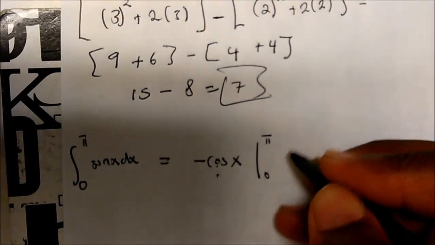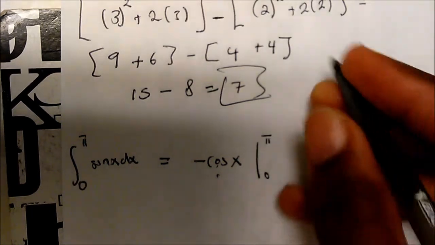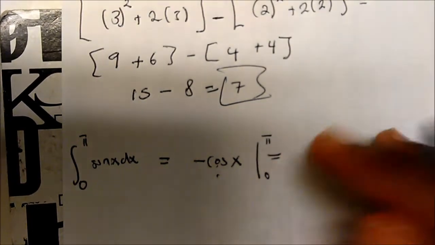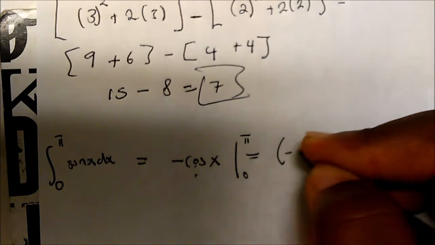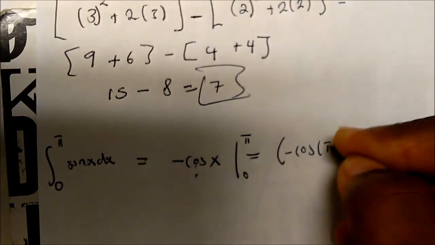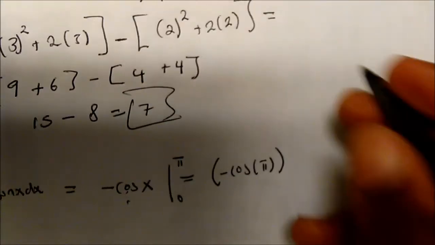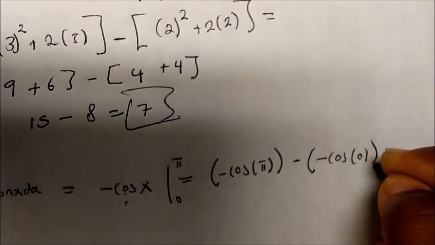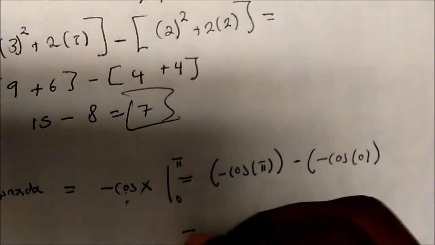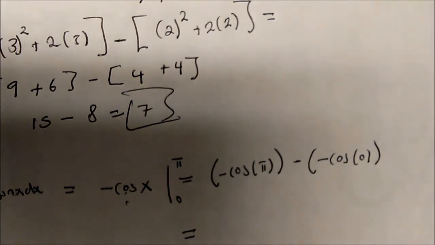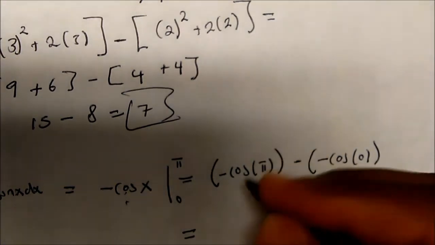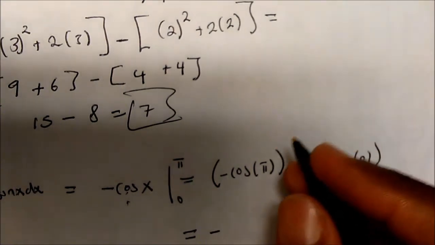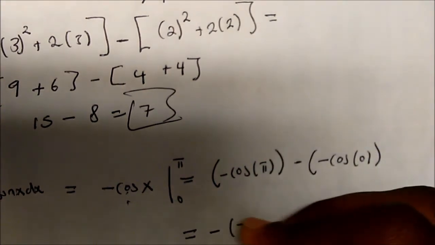So the negative cosine of x integrated from 0 to pi, and now I could just plug in my values, where I could say negative cosine of pi minus negative cosine of 0. Now trig comes in very important. So cosine of pi is just negative 1, so negative times negative 1.